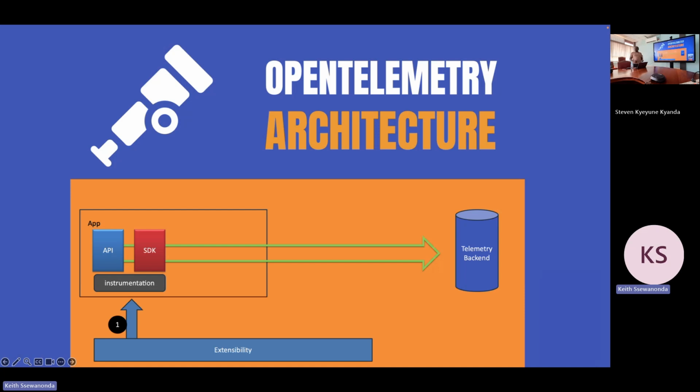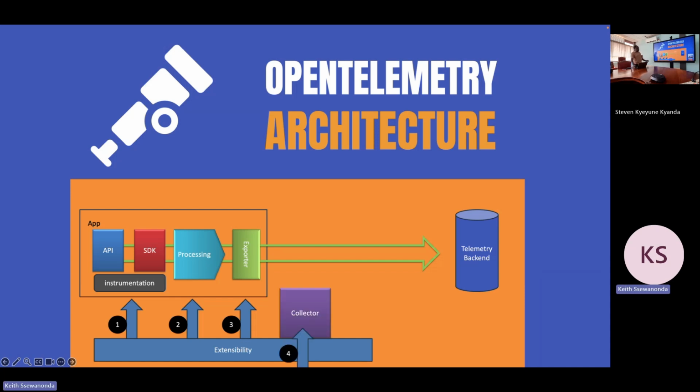These SDKs give you APIs to instrument your application. Once you've instrumented, you generate that data, which you can export. And once you've exported, you keep on chaining up. That's the extensibility we're talking about. You keep adding things into your pipeline.